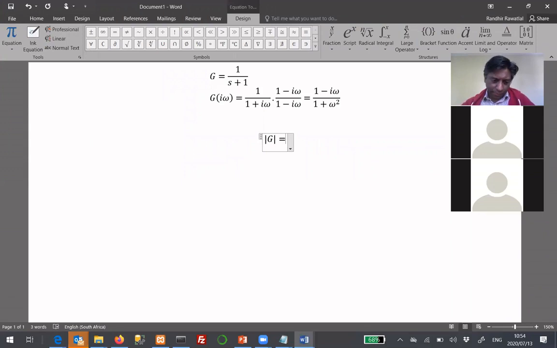So the real part of G squared plus the imaginary part squared.